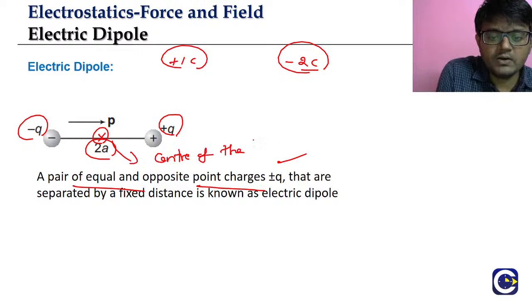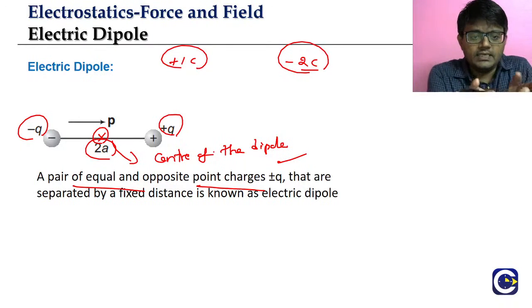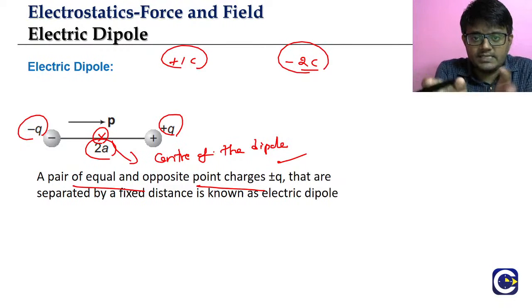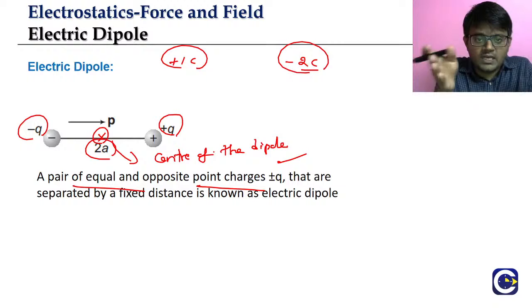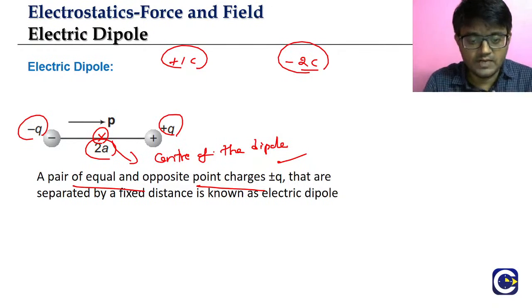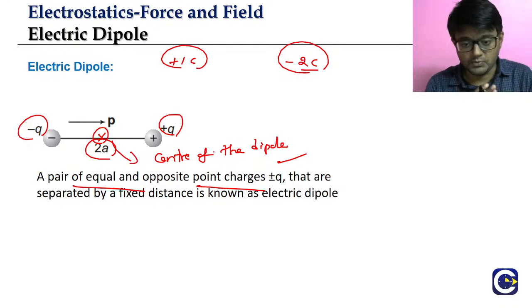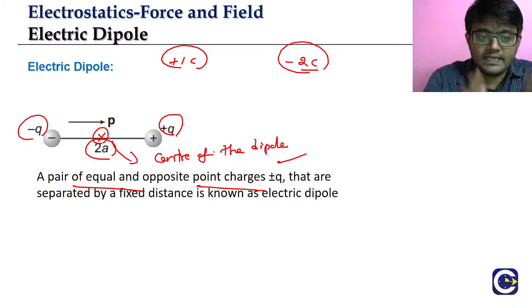So from the center of the dipole, one charge is at distance a, and on this side the other charge is at distance a. So the total distance between the two charges is represented by 2a. The midpoint between the two charges is called the center of the dipole. That is the electric dipole.